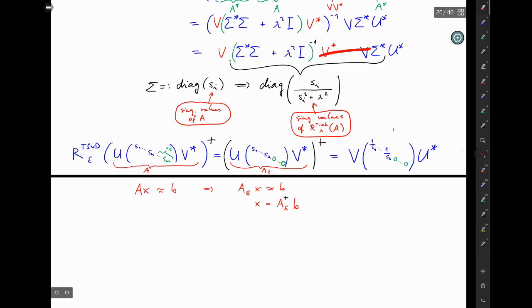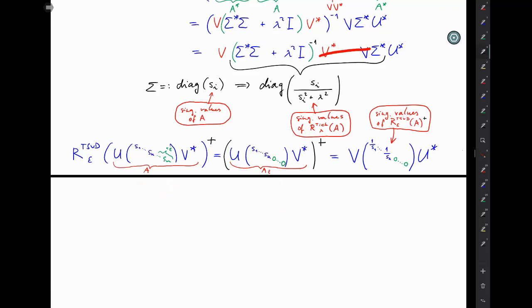So now these numbers on the diagonal here are the singular values of your TSVD regularizer pseudo-inverse. And now we can start comparing these numbers here. By the way, note that the singular vectors are the same. So you have V coming from the left here and U star coming from the right here and here.